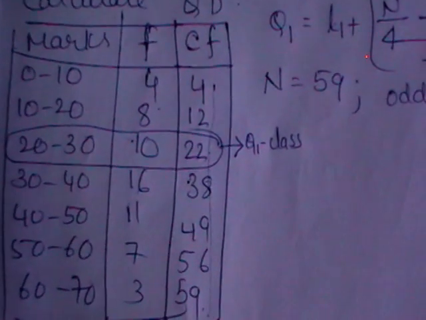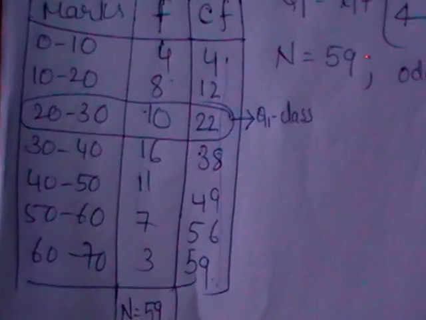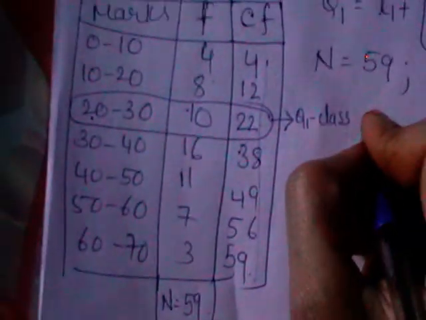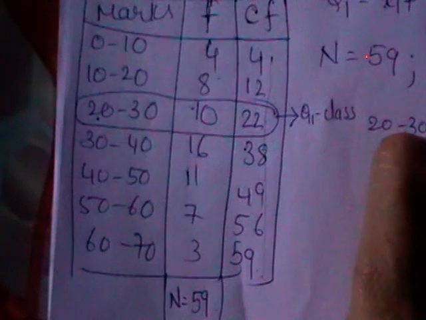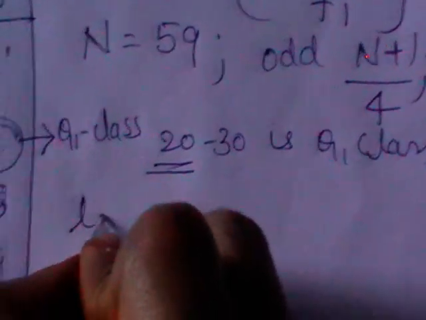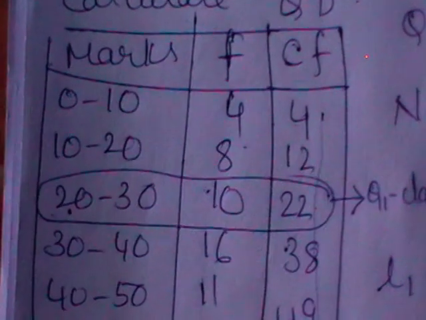While doing the median, we identified that as the median class; this is nothing but the Q1 class. So if it is the Q1 class, what is L1 here? 20 to 30 is the Q1 class, so the lower limit represents L1. L1 is 20. From the Q1 class you can identify L1.